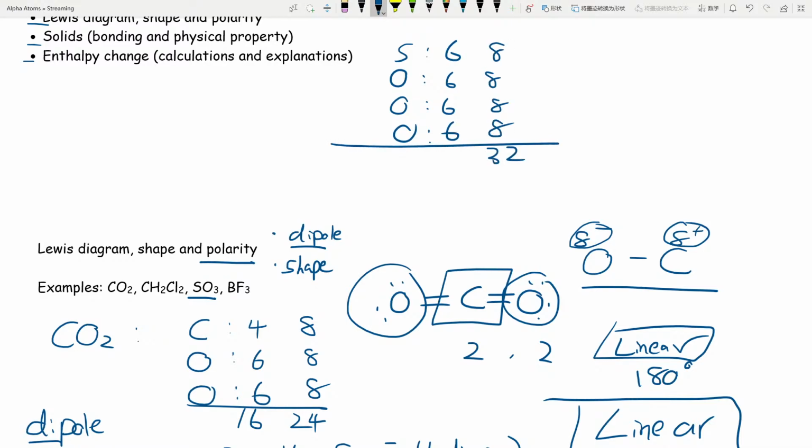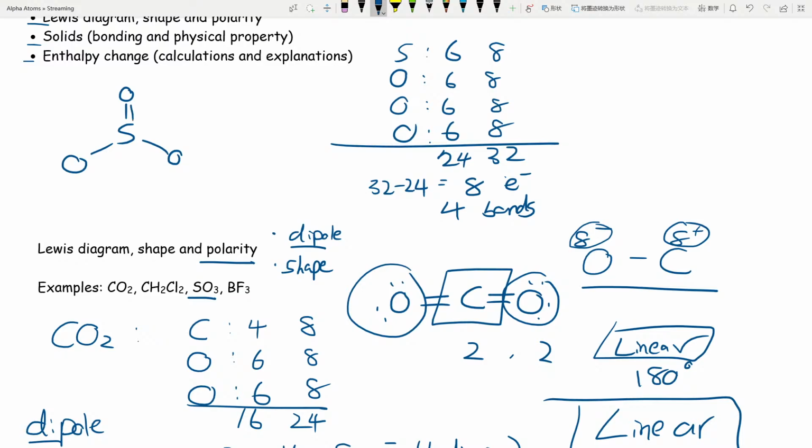So 4 times 8 is 32, 4 times 6 is 24, so 32 minus 24 is going to be 8 bonding electrons, and that's going to be 4 bonds. Okay, so your sulfur, 1 over here, 1 over here, 1 over here, you need to draw 4 lines between the sulfur and oxygen. So you go 1 2 3 4, and that's how you determine SO3.